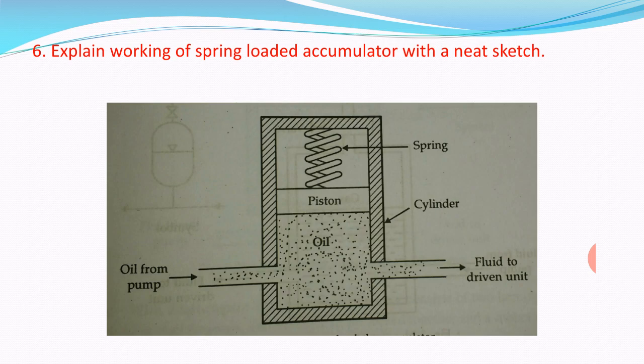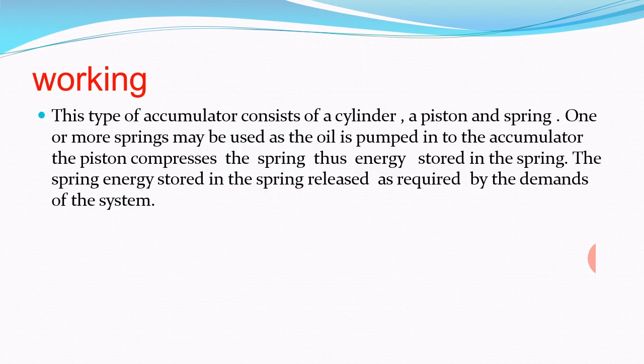A spring loaded accumulator is shown here. It has a tank, then a piston, and above that piston there is a spring. This spring will store the energy of the compressed oil.